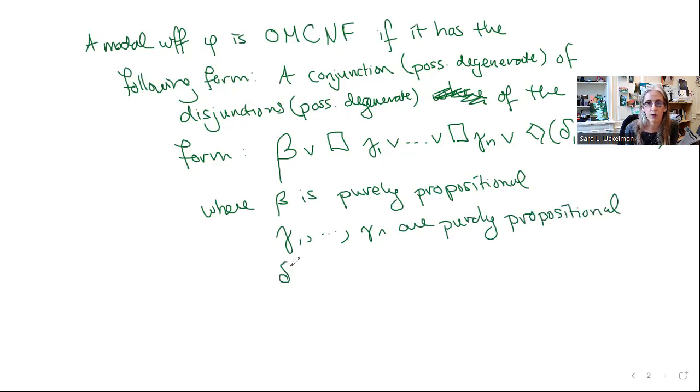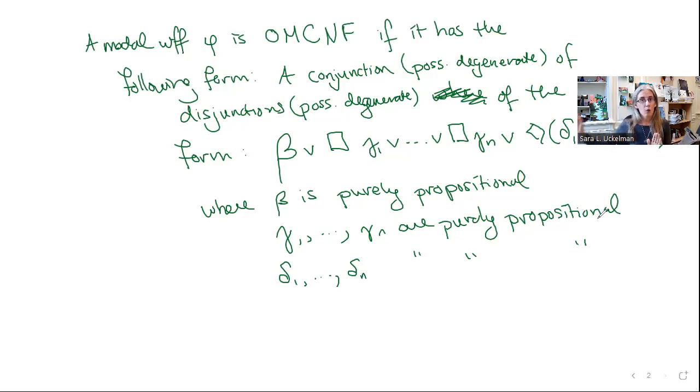And same for the delta 1 up to delta n. These are also going to be purely propositional. So if we have something that is in modal conjunctive normal form, we can just rearrange the disjuncts in each of the conjuncts to get it into ordered modal conjunctive normal form.